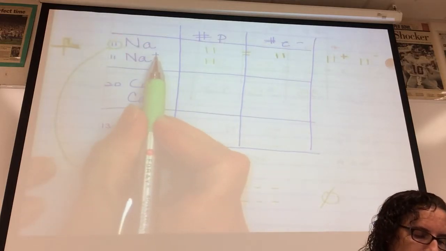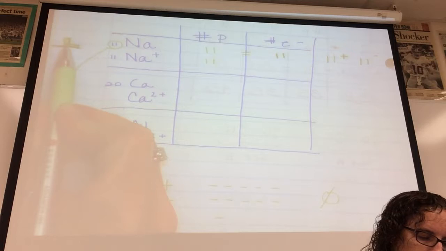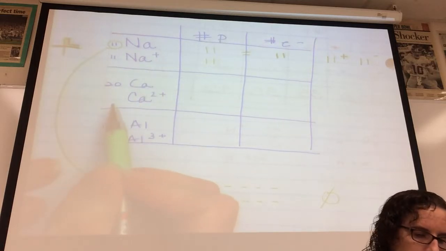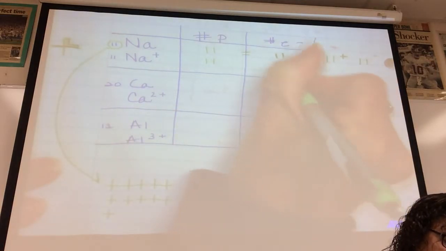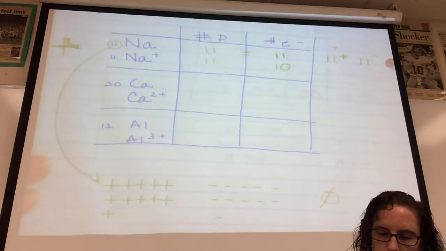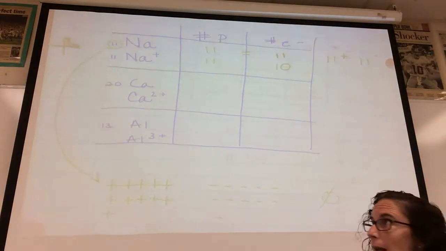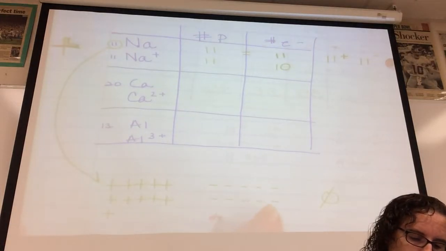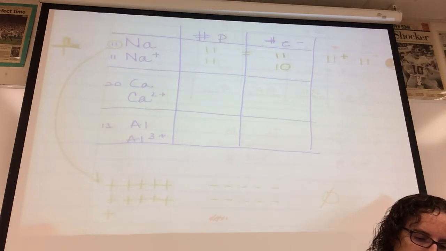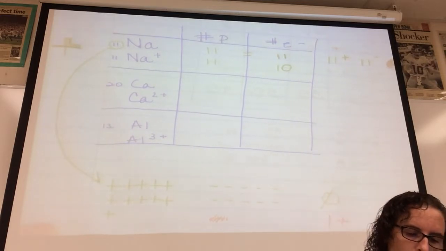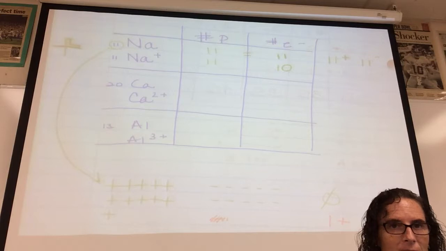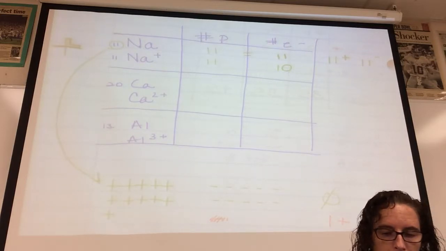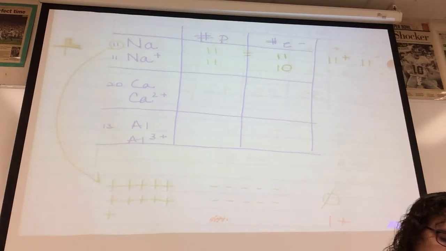So a plus charge means you have lost one electron. So now you have 10. So in the ion, if I've lost one electron, I have 11 pluses and 10 minuses for a net of 1 plus, hence the positive charge.